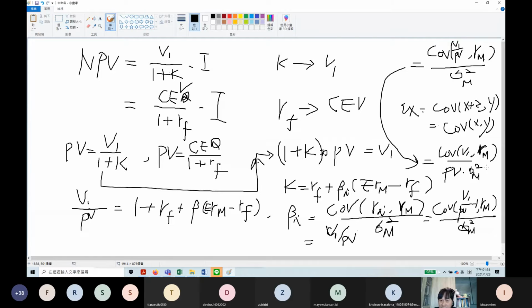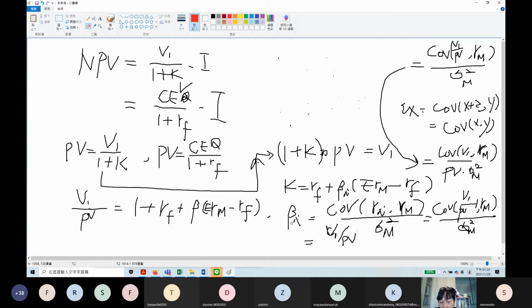So your beta here. We know beta in CAPM is the covariance of Ri and Rm divided by sigma m squared, and based on the relationship, you can change it.